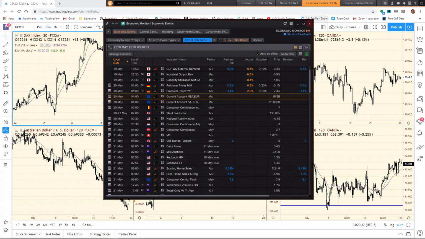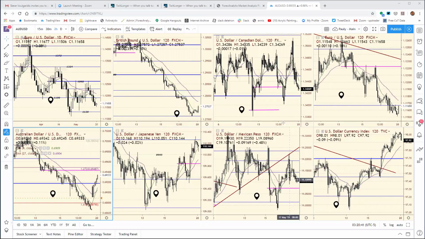So let's switch back into the main screen again, and see if I can get used to it. Okay, so it seems I can see this here also.